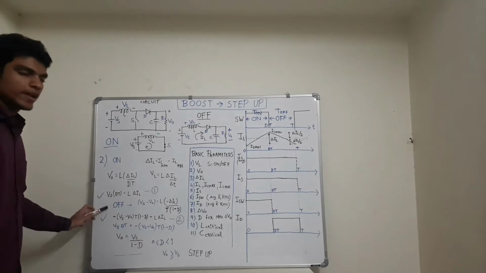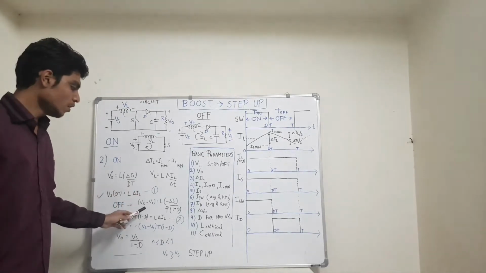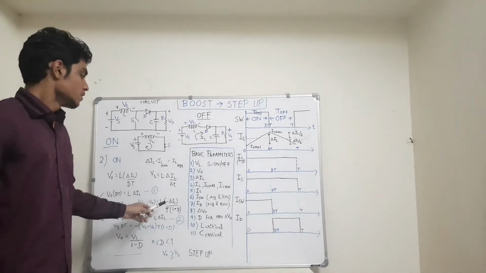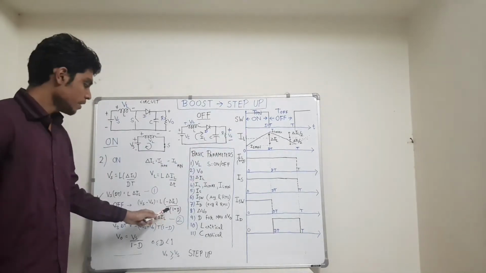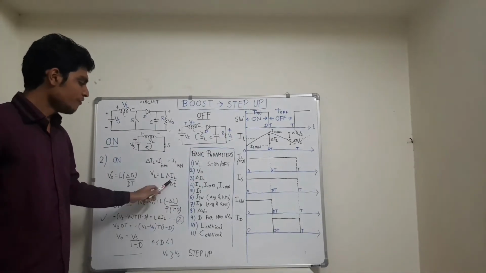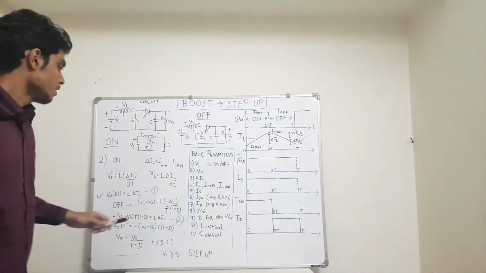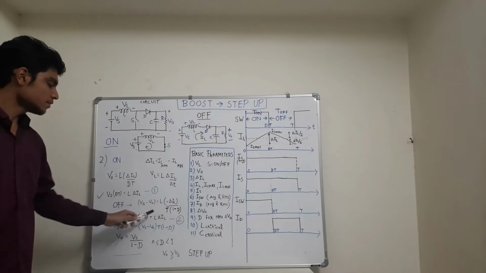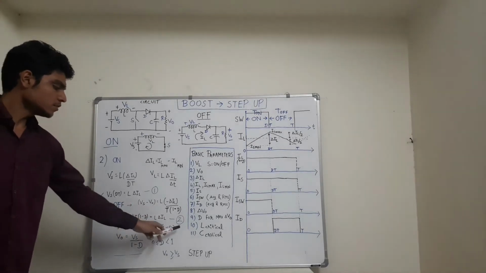Now during the off time, the equation is VL, which is Vs minus V0, equals L into del IL, where del IL is negative during the off time period, divided by off time. Off time is T into 1 minus D. Bringing T into 1 minus D to this side, we get equation number 2.